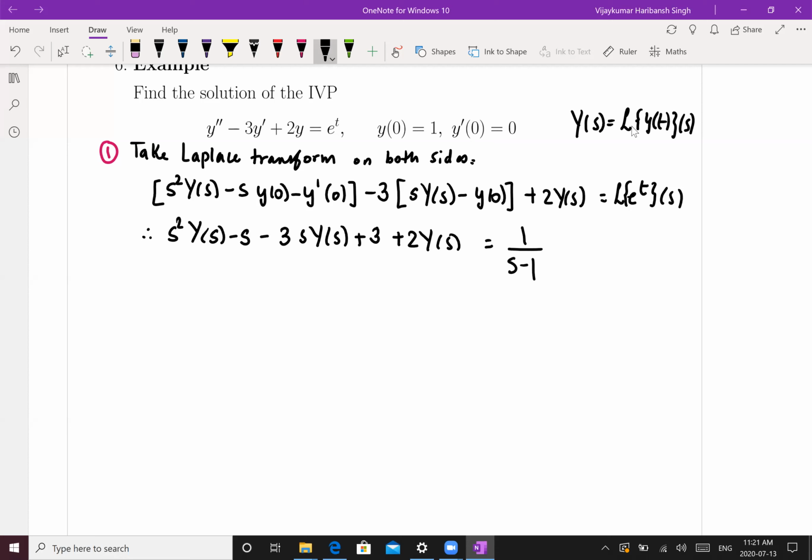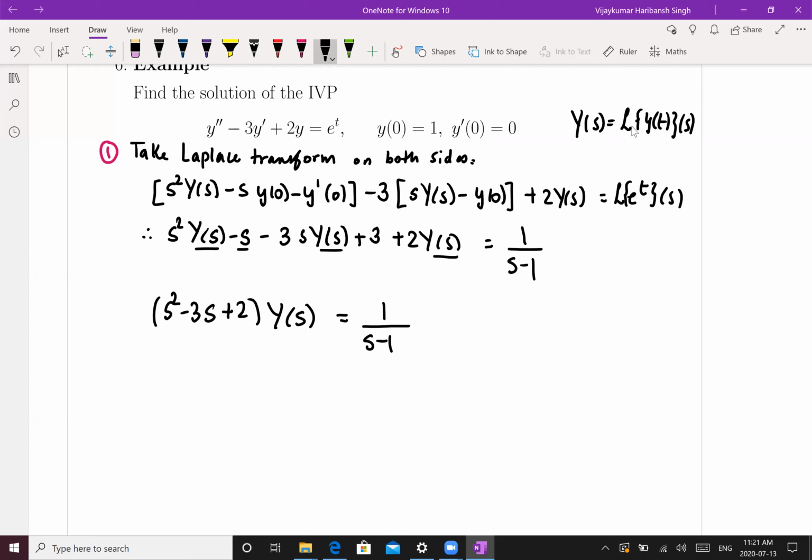Now you take out y(s) common. So let's see, y(s) is here, here, and here. So I take (s squared minus 3s plus 2) times y(s) equals 1 upon s minus 1.